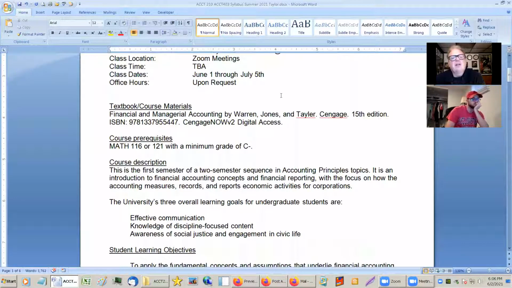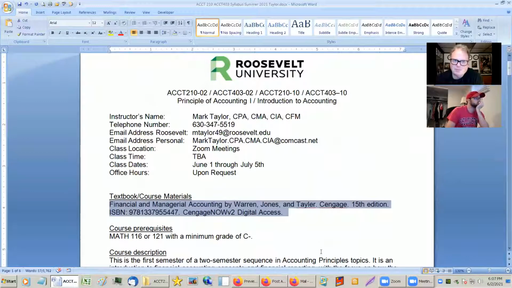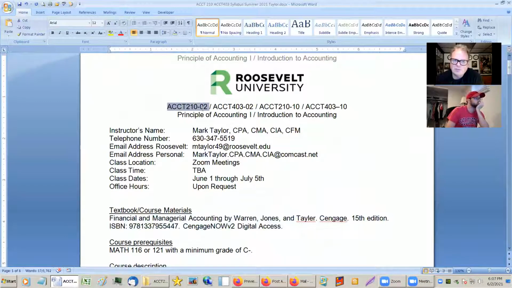Where's the textbook? For this 5-week class, you do not need the online key, the ebook code or whatever, to turn in assignments. Now, you may still want to get it, because Accounting 210 and Accounting 211 have the same book.